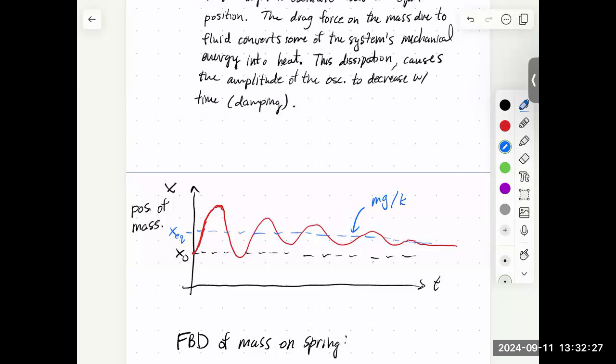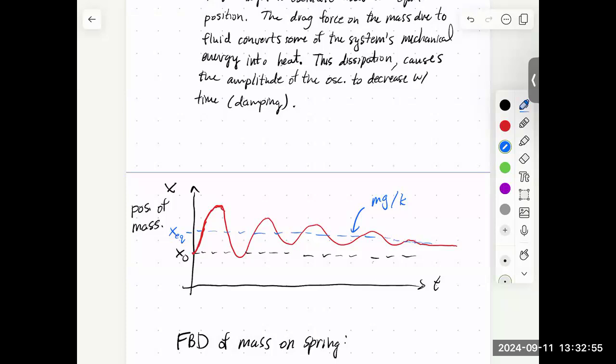For example, without doing a more rigorous mathematical analysis, we don't know the frequency of these oscillations. We don't know how quickly they're damped away. And we don't know, for example, what is the amplitude of this oscillation just after we release it. So all of those details we would have to work out through actual calculations.